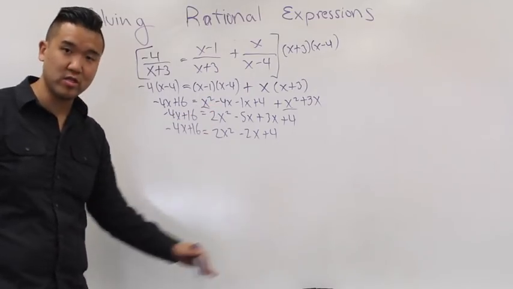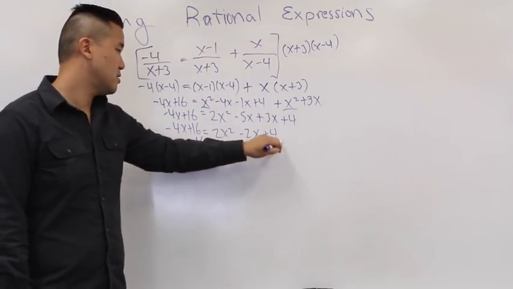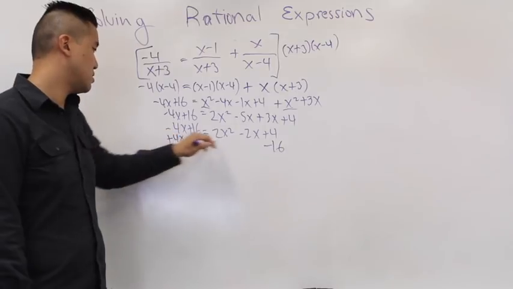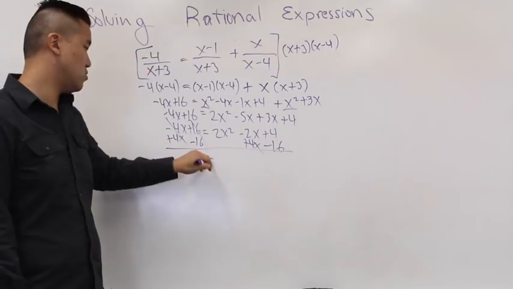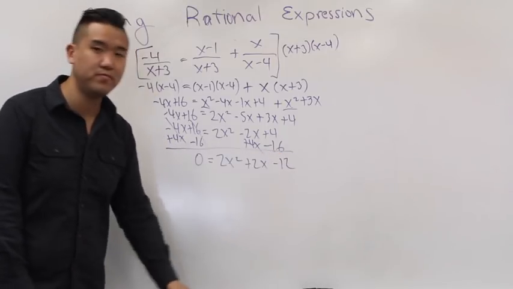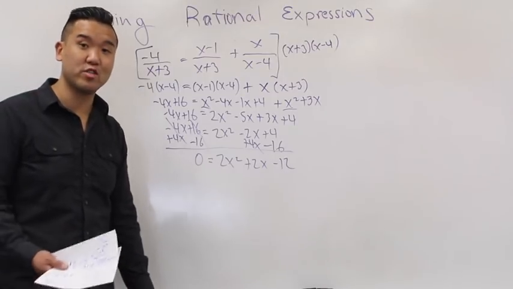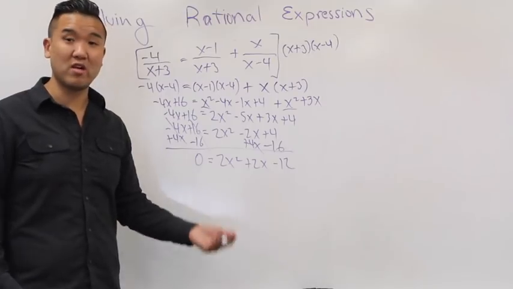I'm just continually simplifying this. I'm going to subtract 16. And I'm going to add 4x. This becomes 0. And you get plus 2x minus 12. So your goal every time with quadratics when we're solving is to get it equal to 0. And then use whatever strategy is needed.